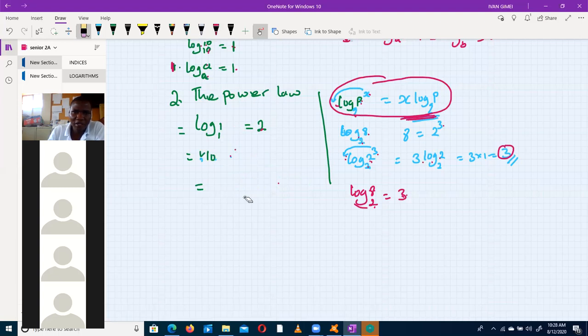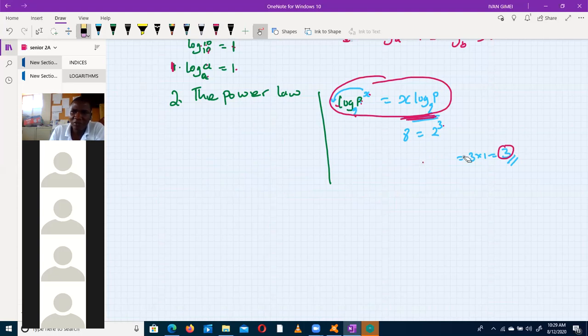Now, these are the things you should understand because math, like I've been telling your colleague, is cumulative in such a way that one concept leads to the other, one level leads to another level. Primary mathematics works as the backbone for secondary mathematics. Senior 1 works for senior 2, senior 2 works for senior 3.